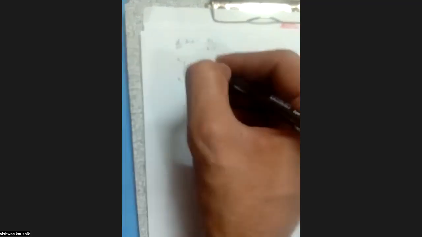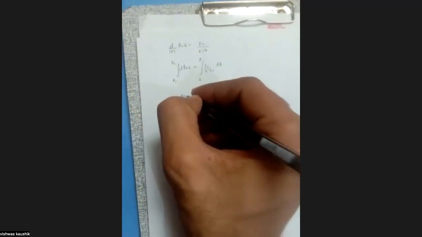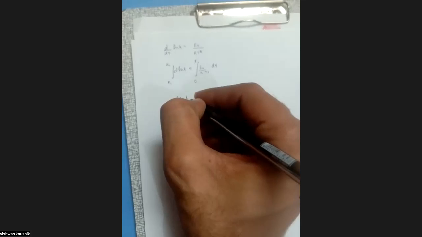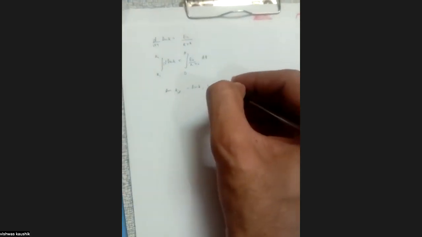If we integrate on both sides from k1 to k2 and t from t1 to t2, what we have is ln k2 minus ln k1 will be E upon R times minus 1 upon t.